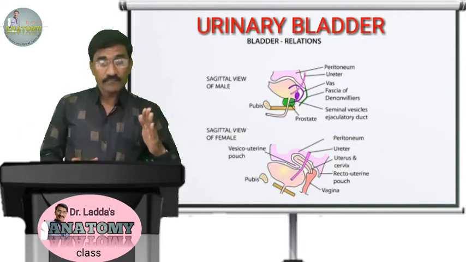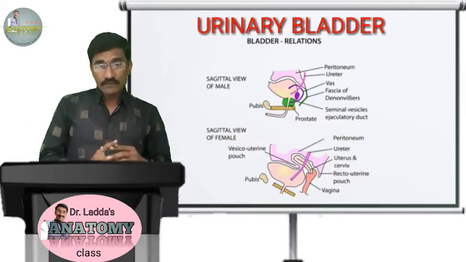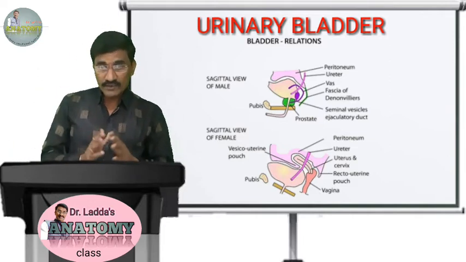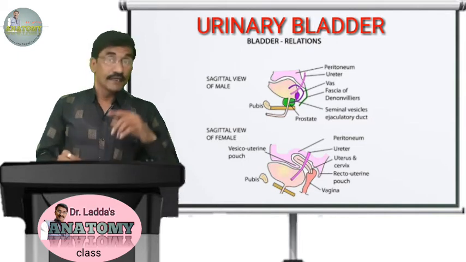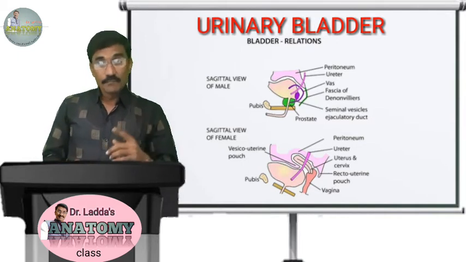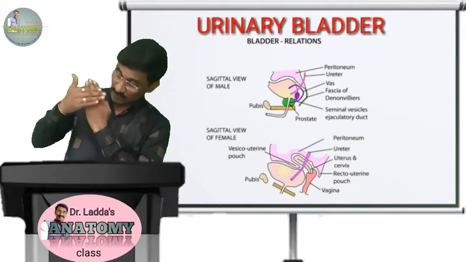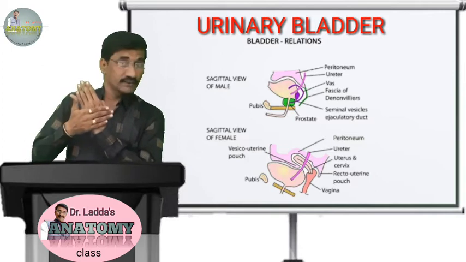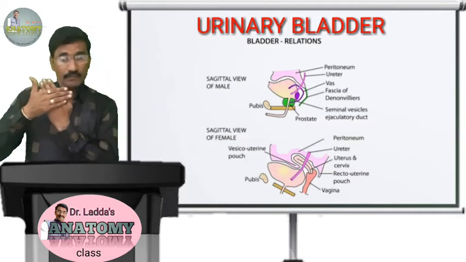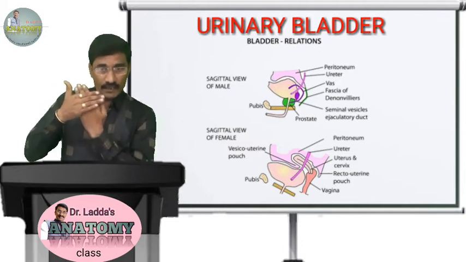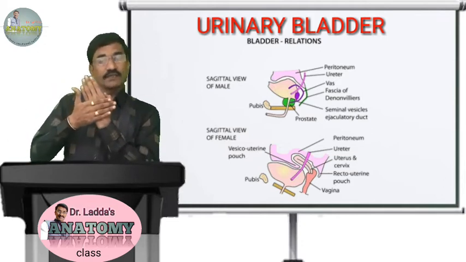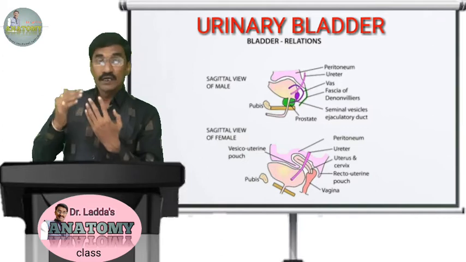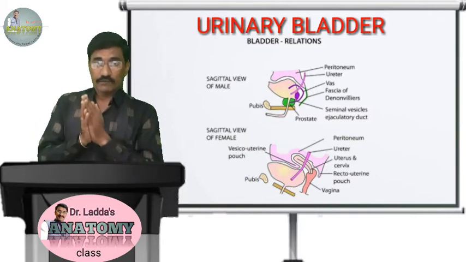So the base is related to the uterine cervix and vagina in female, whereas in male, suppose this is the base, the upper portion of the base has a different relation and the lower portion has a different relation. The upper part of the base in male is related with the rectum, whereas the lower part of the base is related with two parts. One is the seminal vesicle and the second one is the termination of the vas deferens.